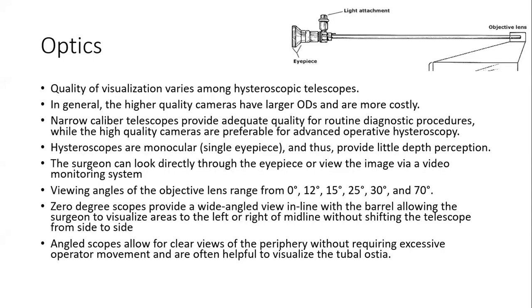The 0 degree scopes give a wider angle of view in line with the barrel itself, so there's less need to move the scope left or right to visualize. However, angled scopes are useful for better peripheral view, so you can turn it to the left or right for easier visualization of the peripheries.